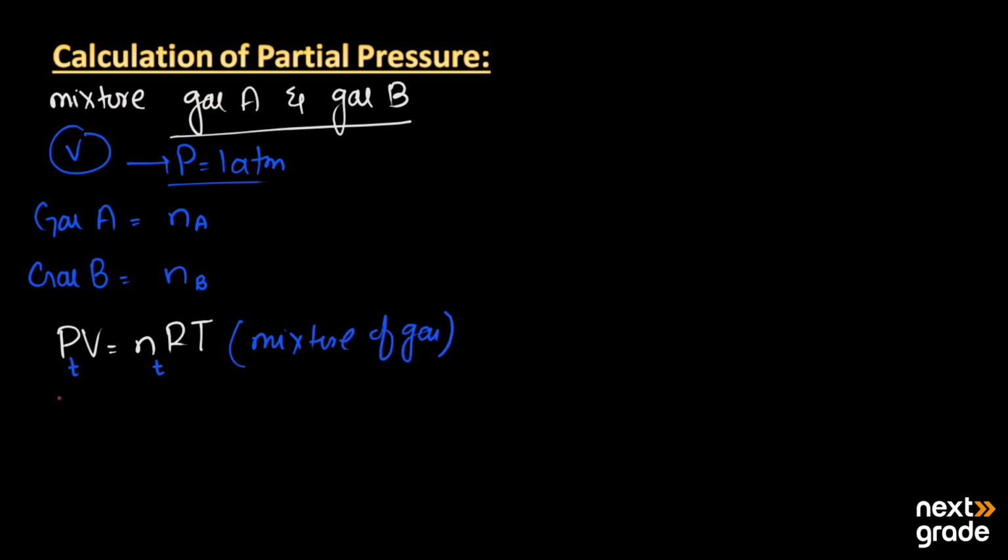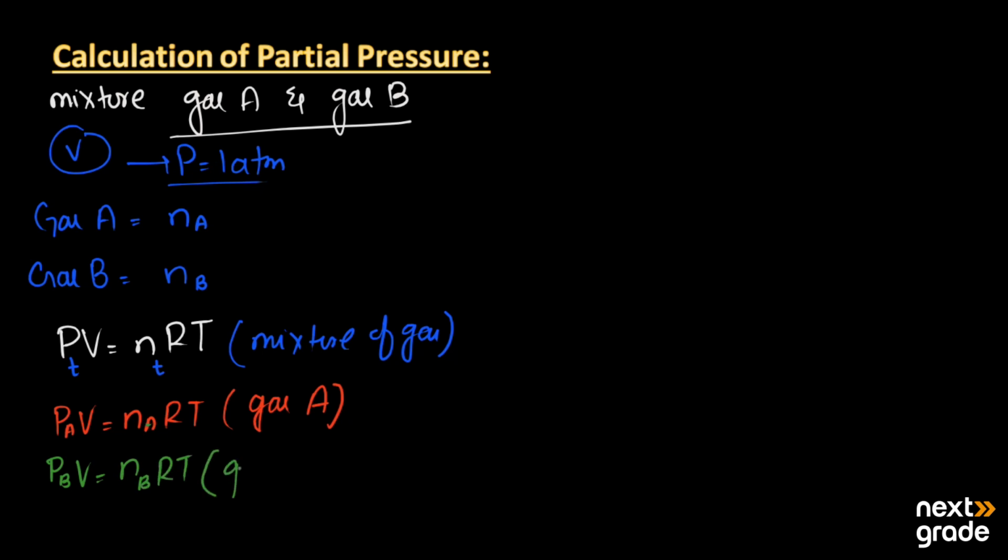After that, for gas A, we can write PA V is equal to NA R into T. Then for gas B, it is PB V is equal to NB R into T.